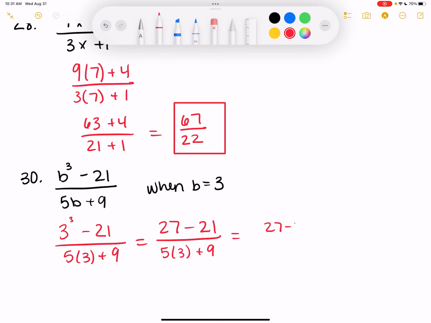So 27 minus 21 over 15 plus 9. And then what did you do? 27 minus 21. So that was 6 over 15 plus 9. And then what? 15 plus 9. So that's 6 over 24. And then what? And then divide and simplify. Okay. And what did it give you when you simplified? 1 over 4. Yep.